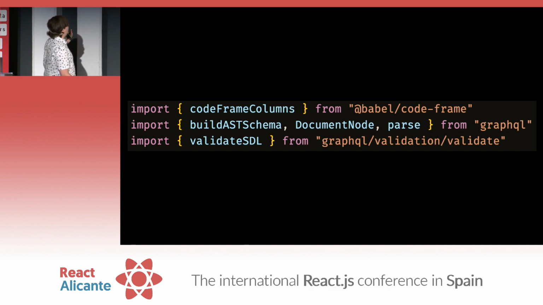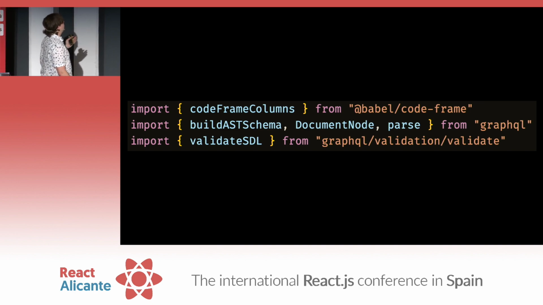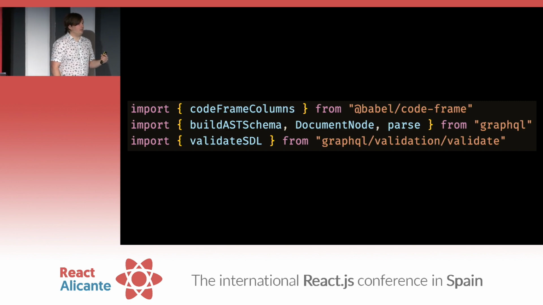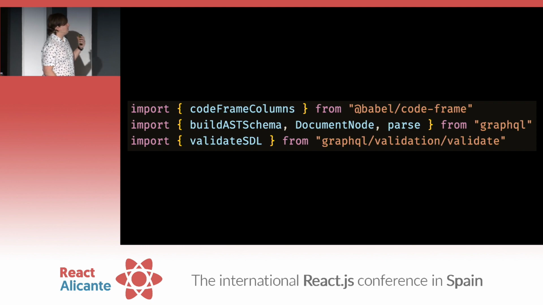Like GraphQL, which offers functions for parsing the schema and validating the schema, and Babel CodeFrame, which is part of the Babel compiler project, a really useful tool for producing really well-formatted error messages. So if in the process of generating your types you find some invalid GraphQL, you can generate clear error messages using Babel CodeFrame.